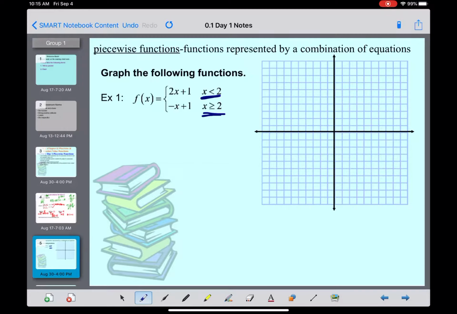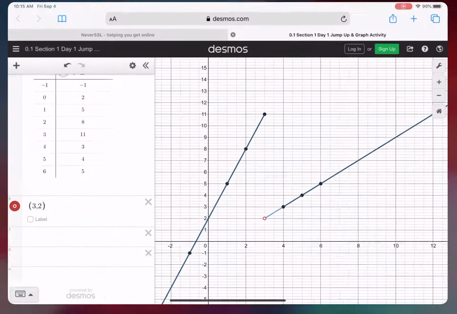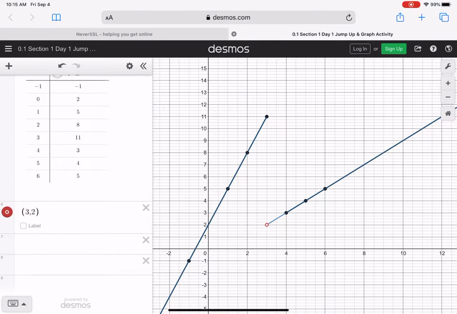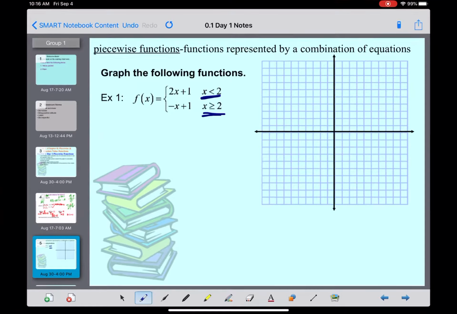So when I look at that Desmos graph, I actually need to know where this open circle is going to be. I'm going to plug in that breaking point into both graphs so I know where that open circle is, because I need to get all the points in between 2 and 1 in my graph.